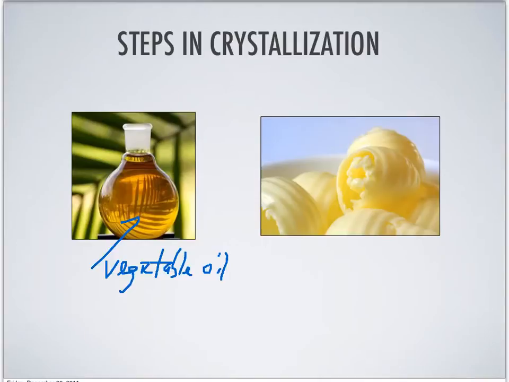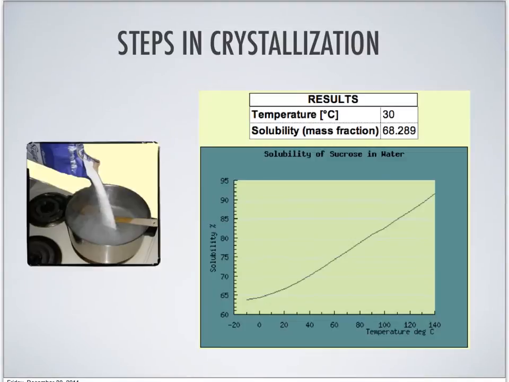By cooling down the oil, it will cause the triglycerides in the oil to crystallize, and again it will form a solid crystal. This will increase the solid fat content and form a plastic texture product, which is the margarine as we see here in this picture.